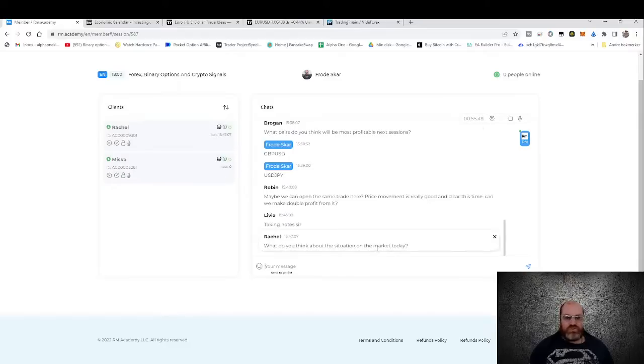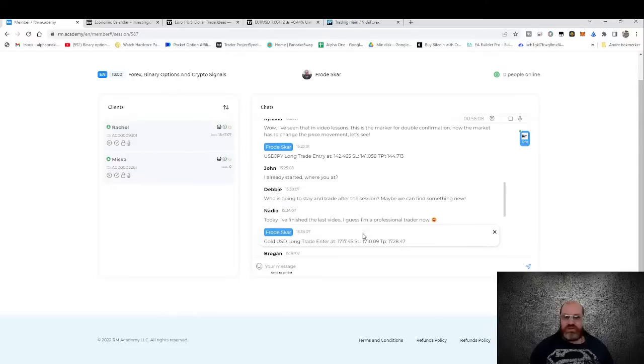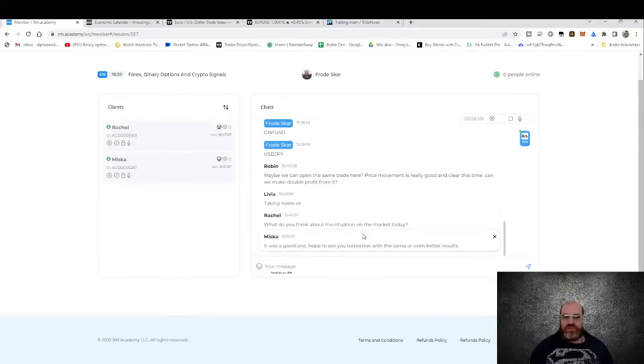So as long as you trade always with the trend, you're doing good. Of course, you would have lost money on GBP USD because we got a trend change there today. But other than that, it's moving the way you want. Like you can see, I did open I think 3 trades today. So that means the market is pretty good.